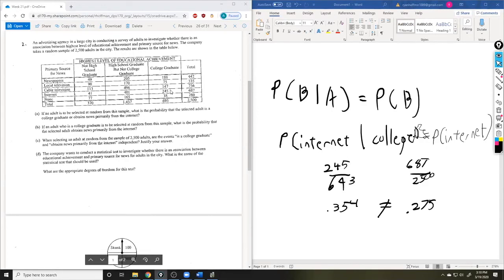Now, what is the chance that they get their news primarily from the internet? And if that changes your chances, then the things are not independent, because knowing that they're a college graduate changes your probability. In this case, it makes it more likely that they get their news primarily from the internet. So that's how you know these two things are not independent. And it's a calculation way of saying that one of these things has an effect on the other. That knowing they graduated from college changes the probability that they get their news from the internet.